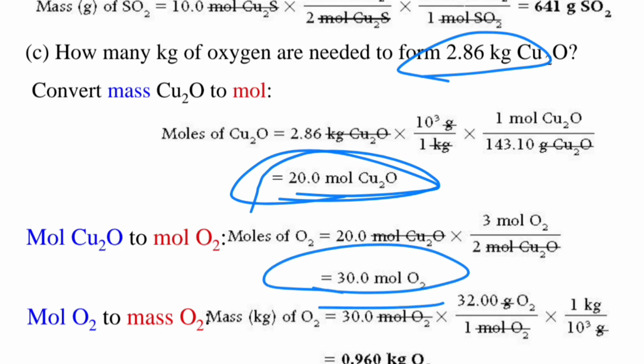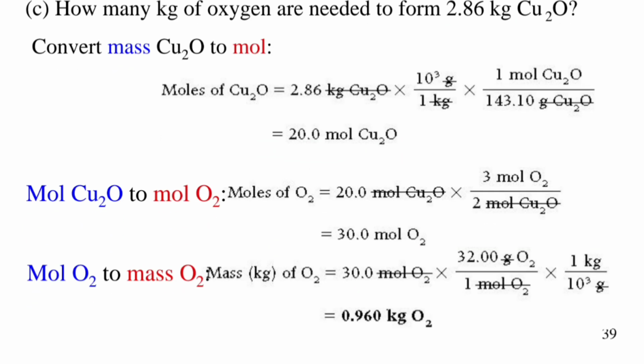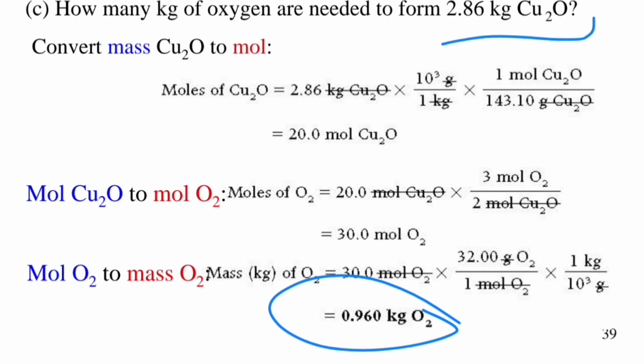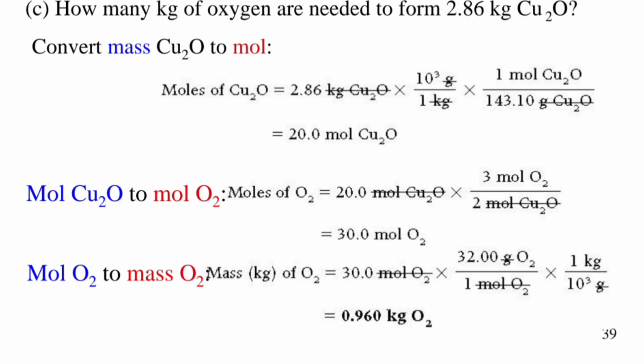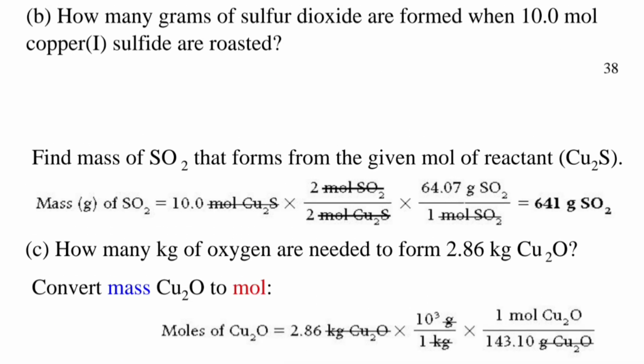Then we convert these moles of oxygen into mass, and it comes out to be 0.96 kg. It means 0.96 kg of oxygen is needed to form 2.86 kg of copper oxide, Cu2O.